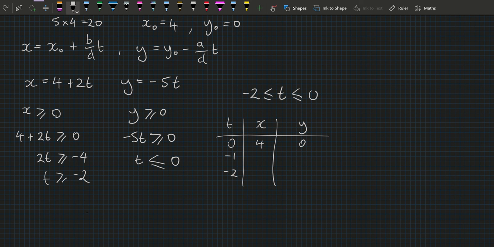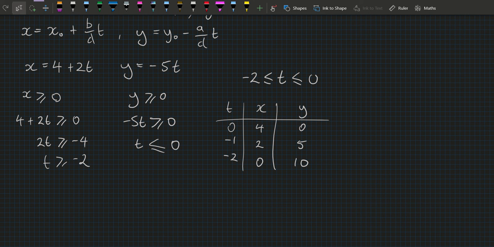And if t is equal to -1, then x is equal to 2, and y is equal to -1 times -5, which is 5, and so on. Okay, if you follow that down. So my possible values are 4, 0.